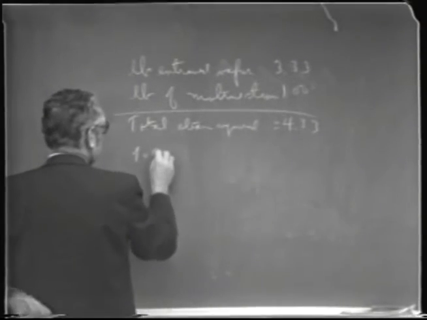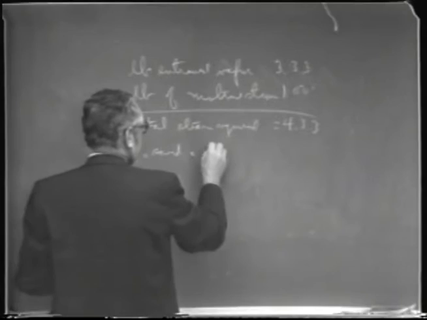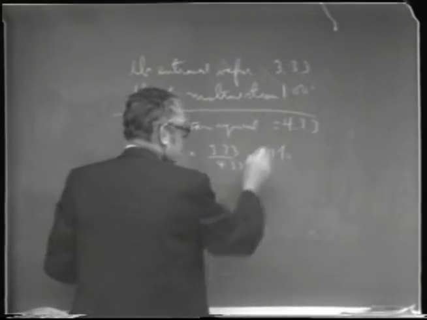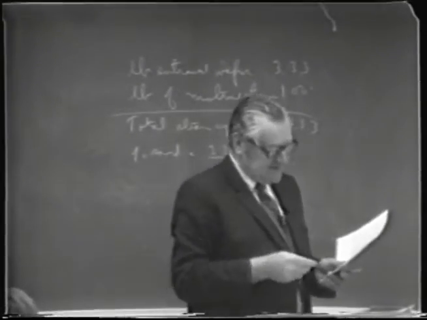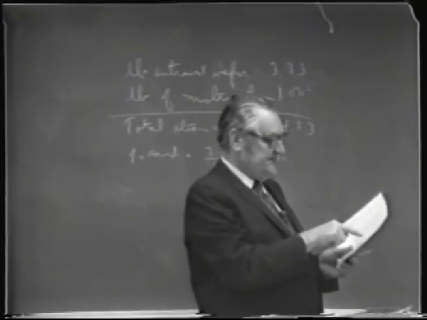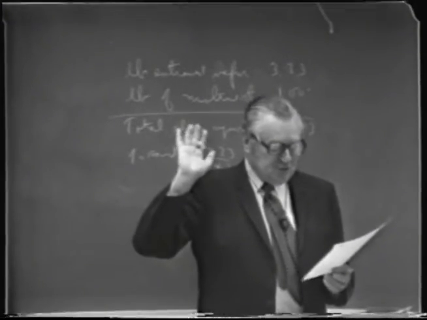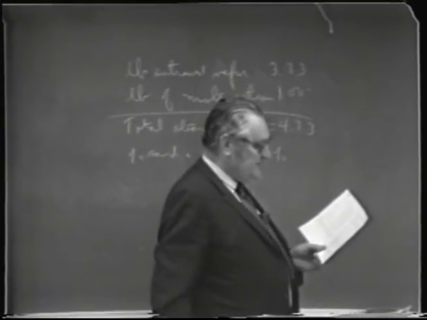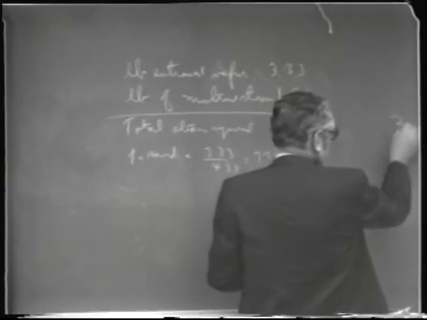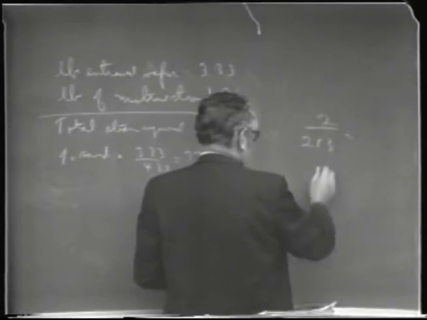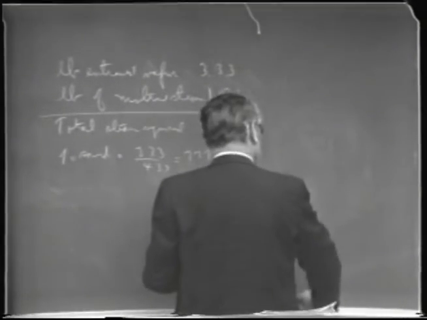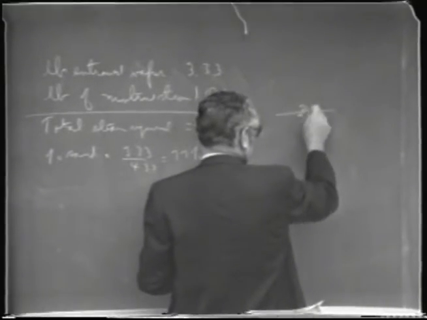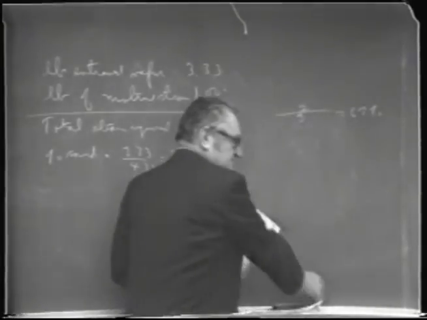So the percent saved would be equal to 3.33 divided by 4.33, and I believe that's 77%, or thereabouts. The rest of the values are correct. For example, if you had to use the steam at 20 pounds per square inch gauge, you save about 2 pounds per pound of entrained vapor. So in this case, you'd have 2 over 2 plus 1, that'd be 3, and you're saving 2, so that's 67%, or a 2/3 saving, you see.